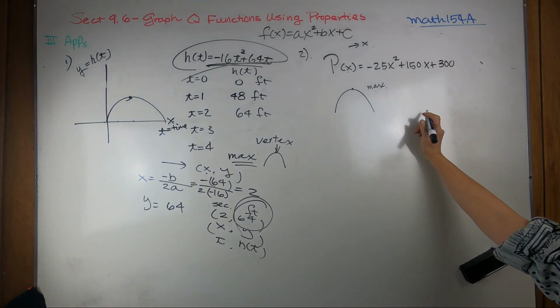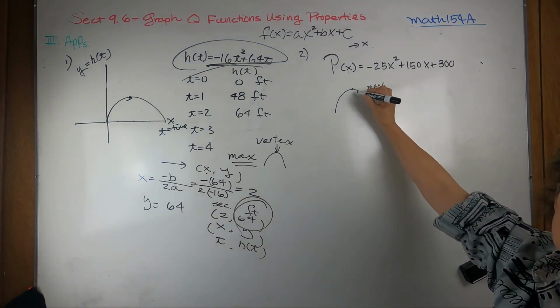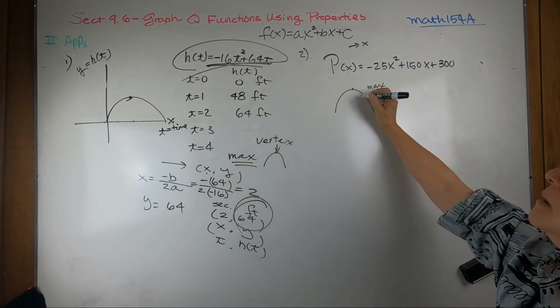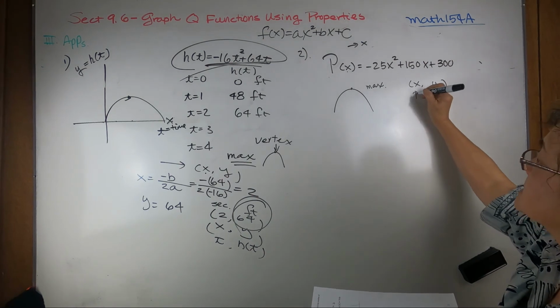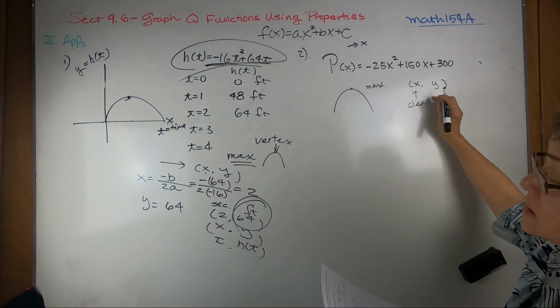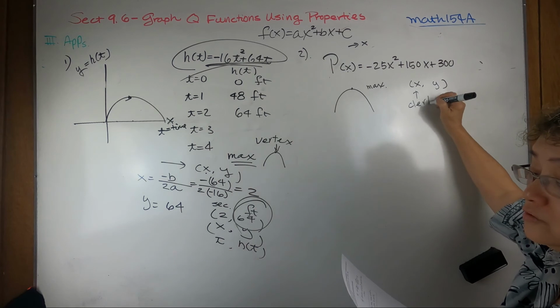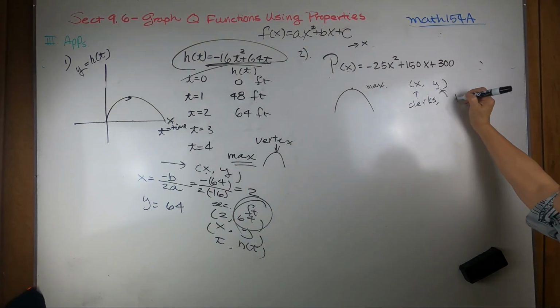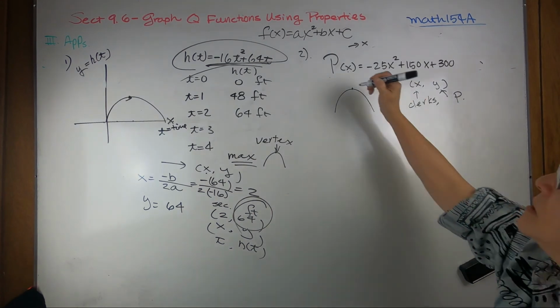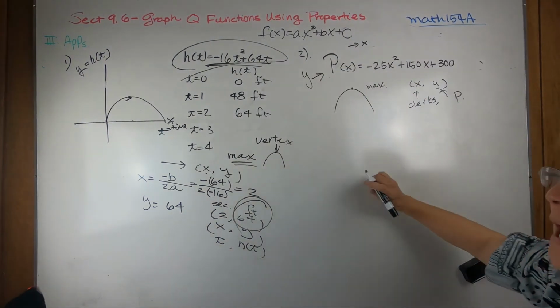So how do we find the vertex, the maximum point? You have to find your x and y, right? x is how many clerks you are going to have. Then y is your profit, right? So P of x is your y.